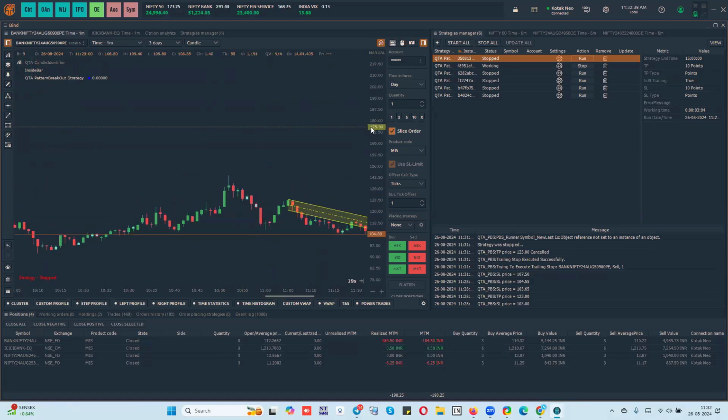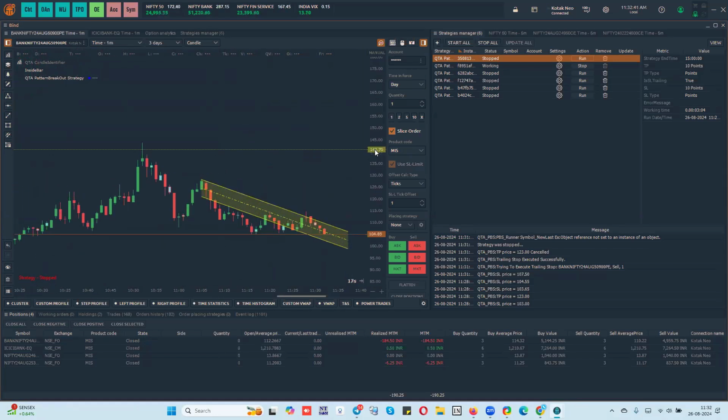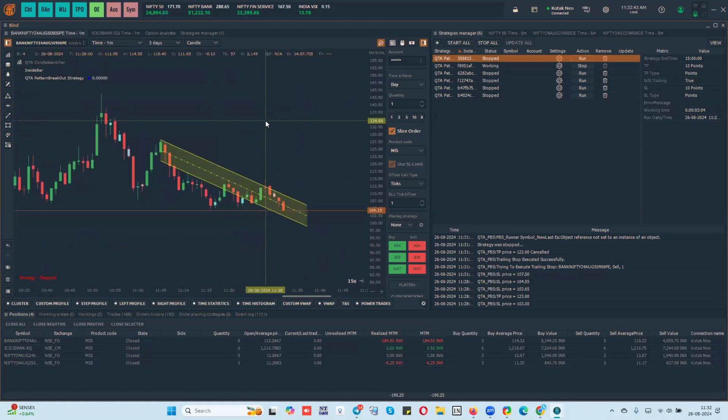For the sake of examples, to get quick entries and exits, I'm showing a smaller interval and recent breakouts. But otherwise, you can use this strategy on higher time frames and even on the previous day's data. You can use past date data as well to execute this strategy.